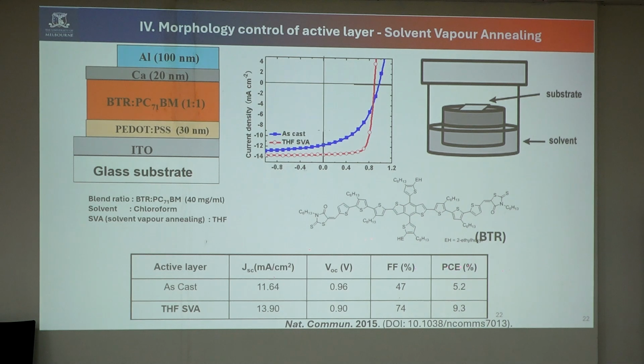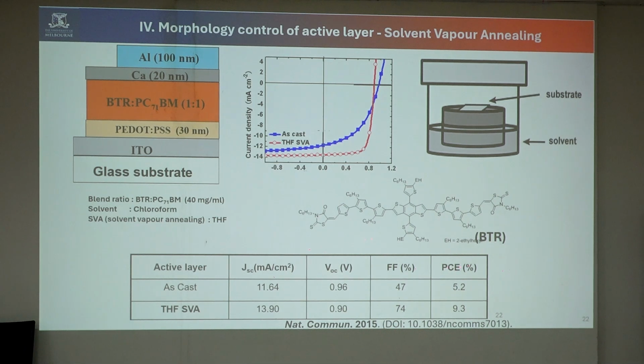This example is for solvent vapor annealing. This device is actually from my lab. We made this material and studied it, and when we made a normal device, it gave only 5%. We expected this material should perform higher, so we did some optimization. We followed this solvent vapor annealing technique.